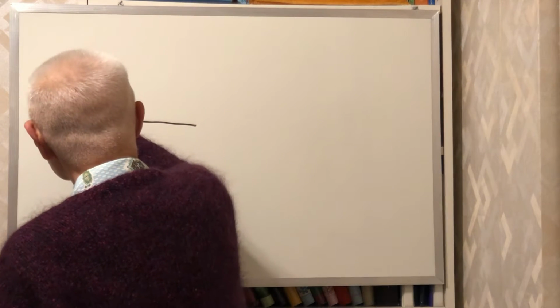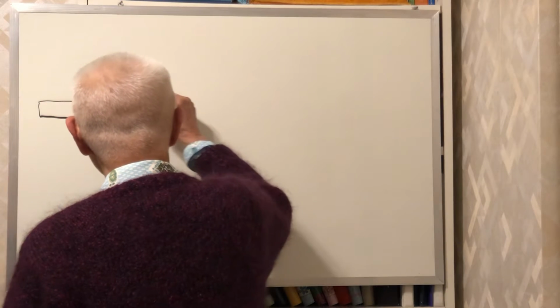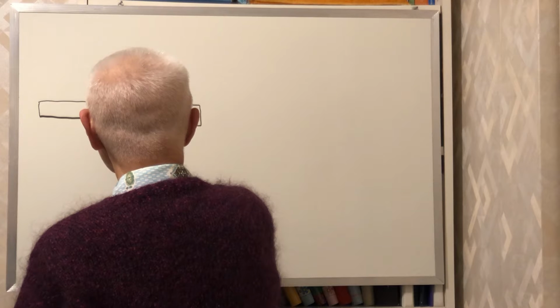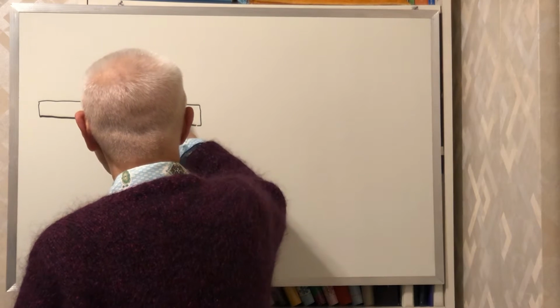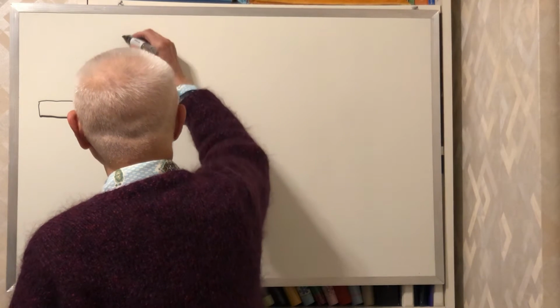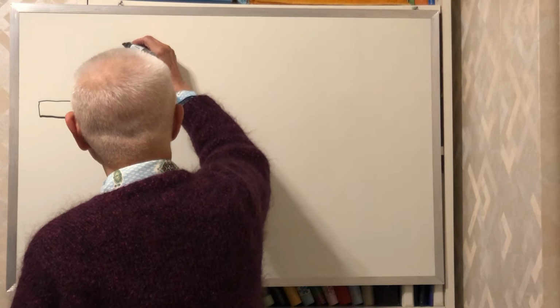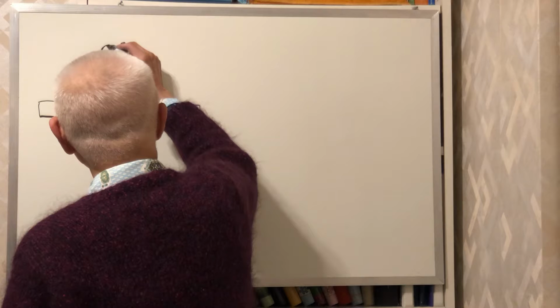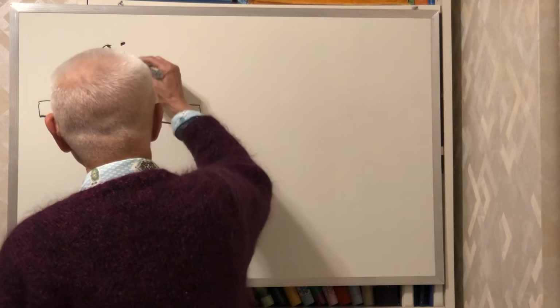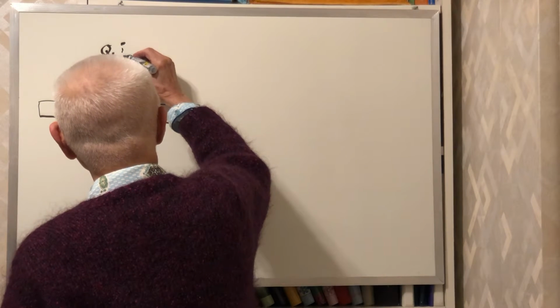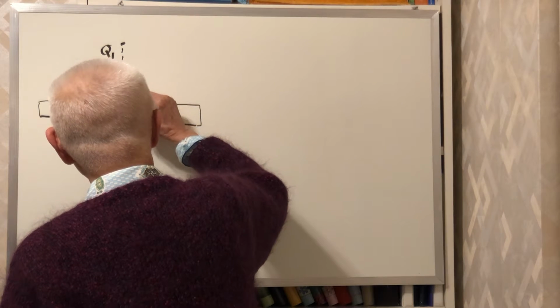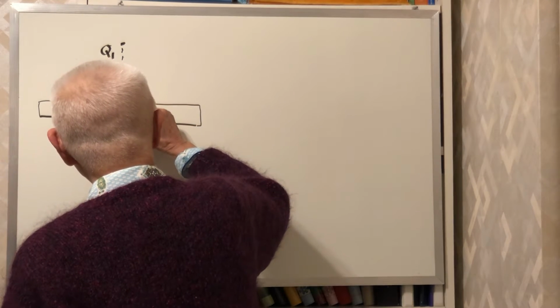This is the rod. This is the midpoint, so a point charge Q1 is on this perpendicular bisector.